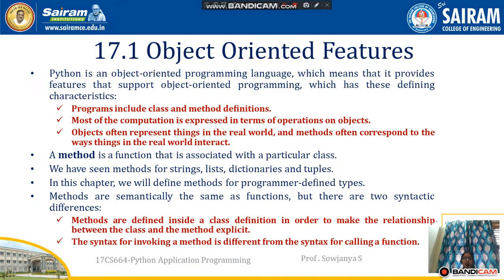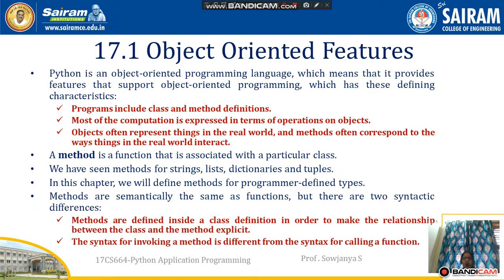The first difference is that methods are defined inside a class definition. In the same way as in object-oriented programming using Java, the methods are defined inside the class definition. Similarly in Python we do the same, in order to make the relationship between the class and the method explicit.